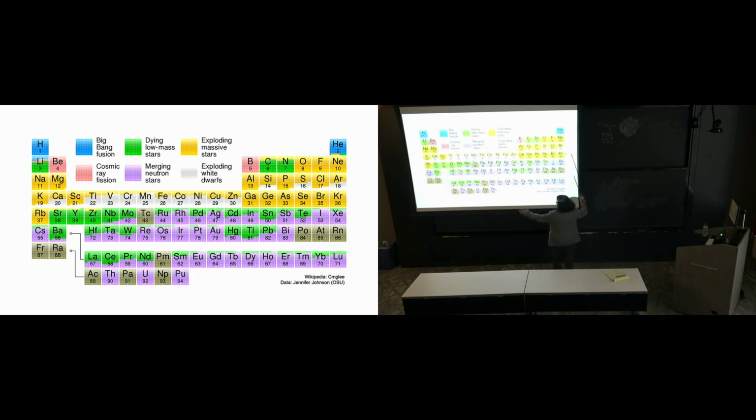Let me mention, in particular, this relatively complete understanding of how elements are formed really was only confirmed something like 5 years ago when, using a gravitational wave interferometer known as LIGO, we observed merging neutron stars.